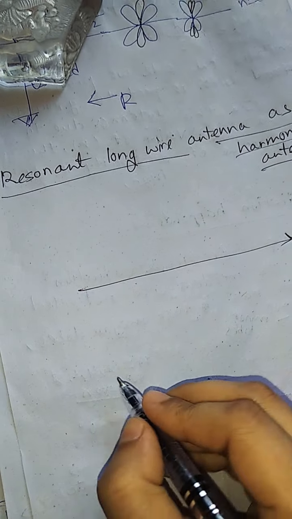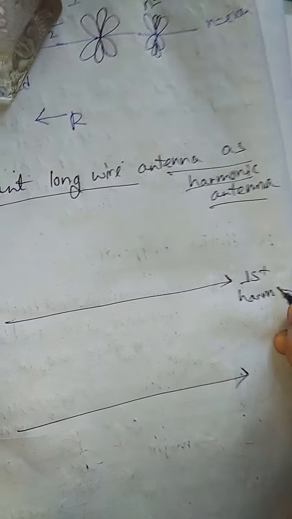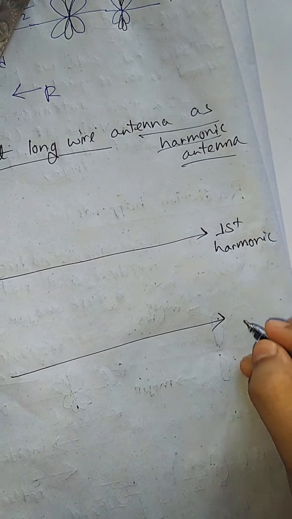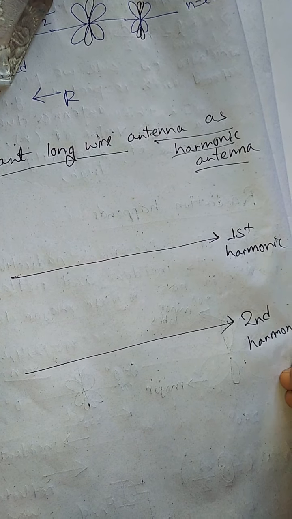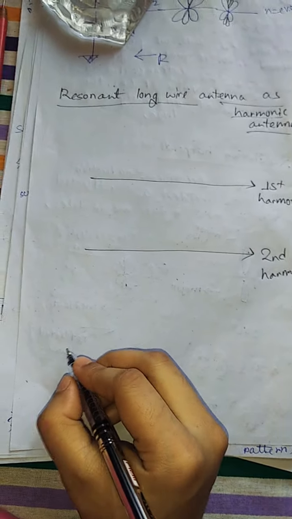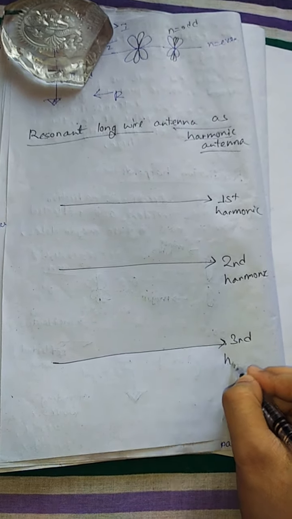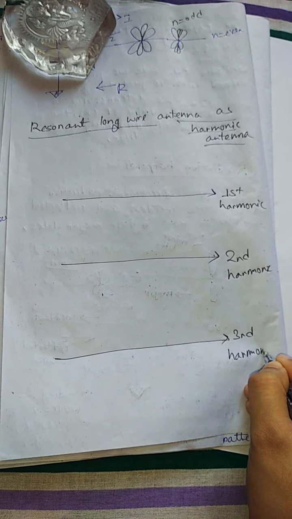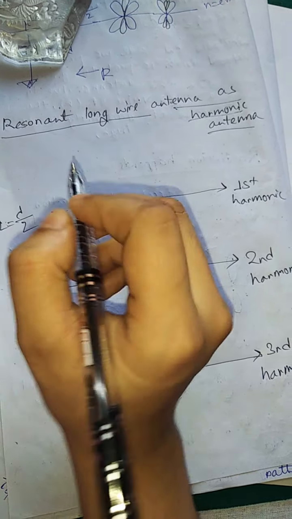There are 3 steps: this is the first harmonic, this is the second harmonic, and this is the third harmonic. Here L is equal to lambda by 2.